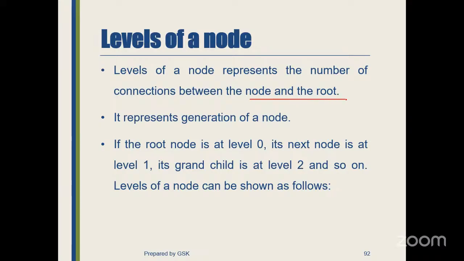Connection means edges, connecting lines. How many connections are there for a particular node? That number of connections is the node's level. If the root node is at level 0, its next node is at level 1 and its grandchild is at level 2 and so on.